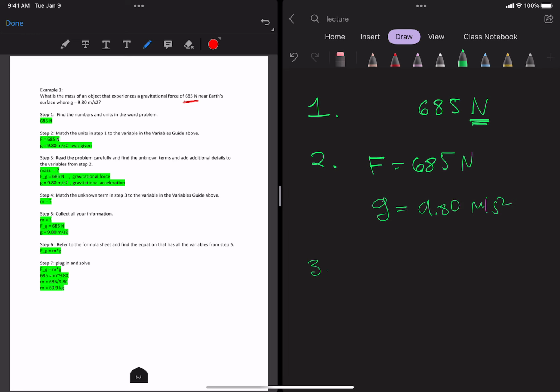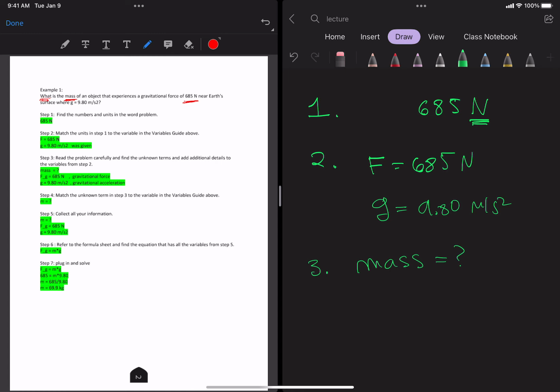So that's step two. Step three is to now read the problem carefully to find what they're asking for and to get any other extra details. Reading the problem in more detail, you find that they're asking for what is the mass. So this is what we're trying to find.